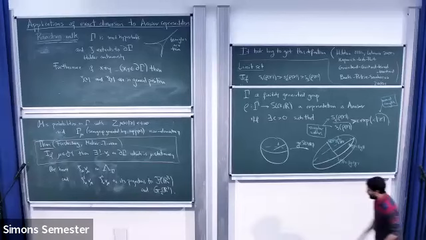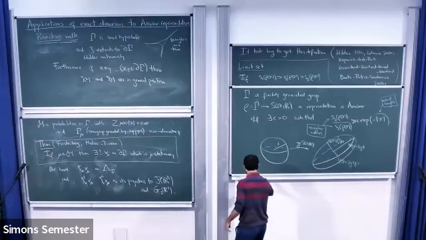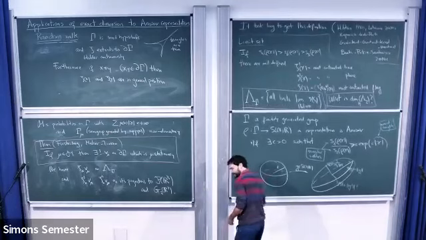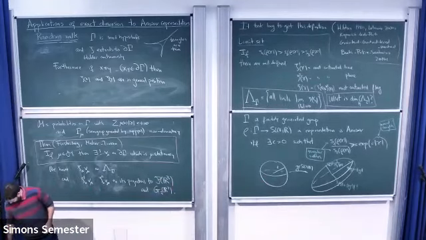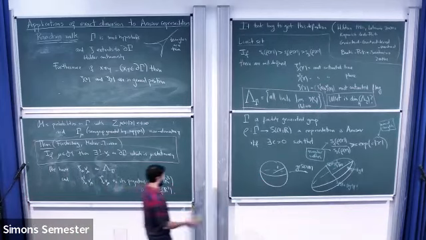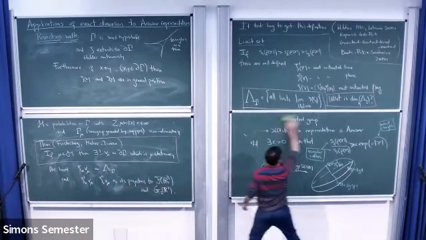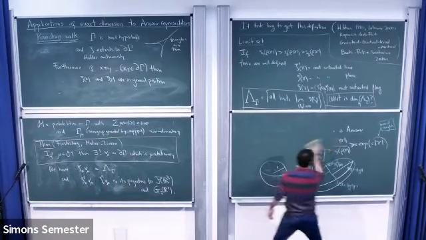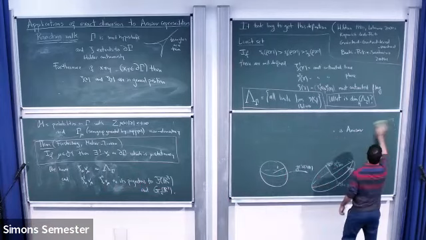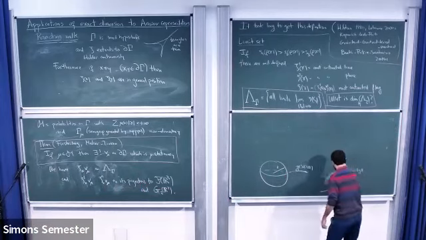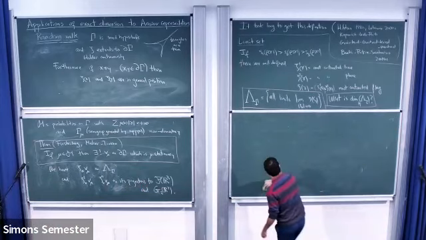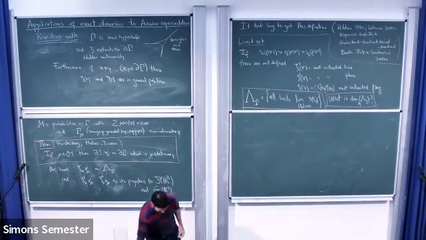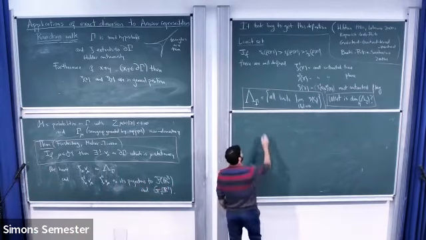Okay, so now let's see what the dimension of these measures tells us. The first thing is the first convergence.